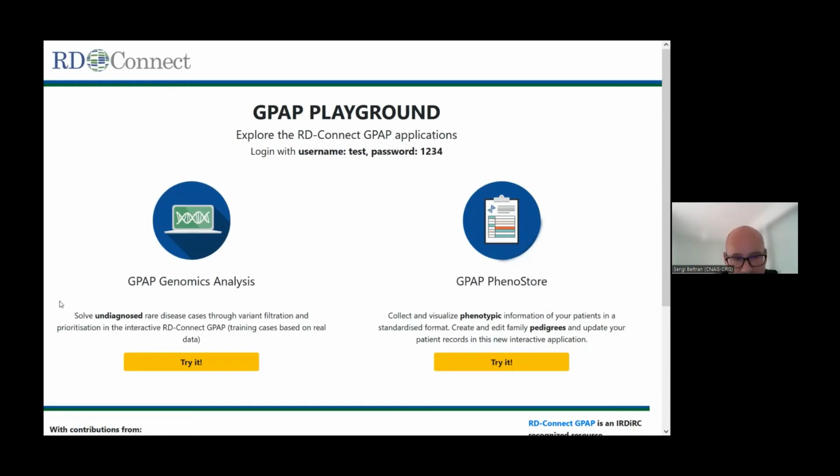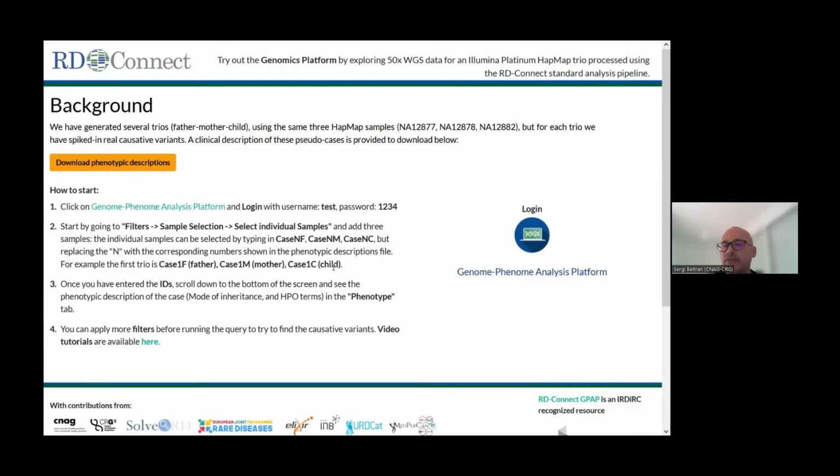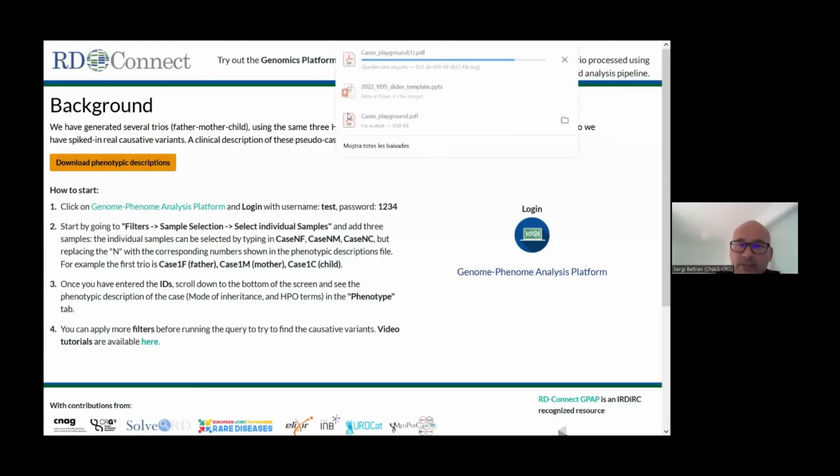I'm just going to go into the genomic analysis module, and from there, I'll show you also briefly the other one. So the first thing that you need to do is to download the test cases, the examples that we have in the RD-Connect GPAP, which are the same ones that we submitted then to the EGA. So you can go here and download these phenotypic descriptions.